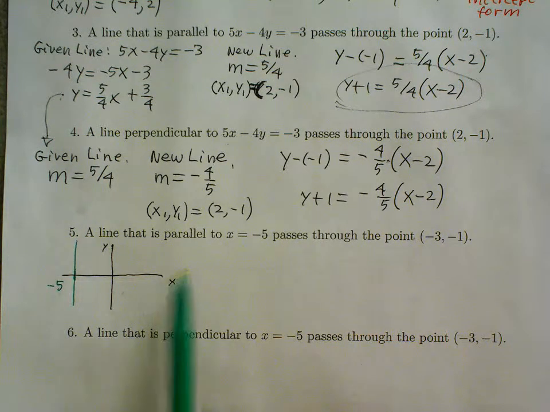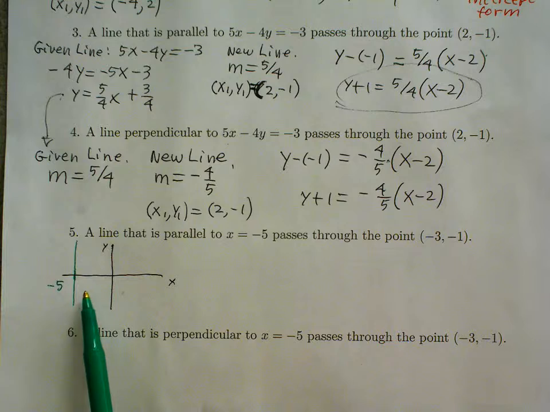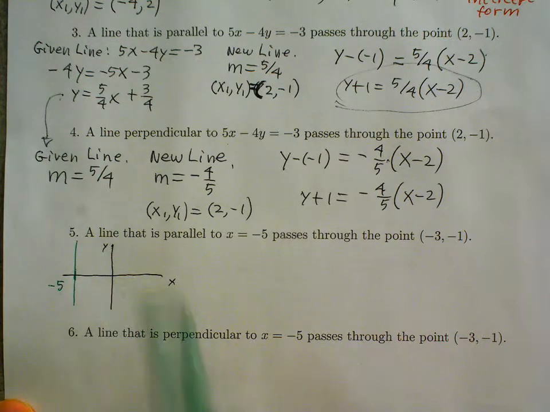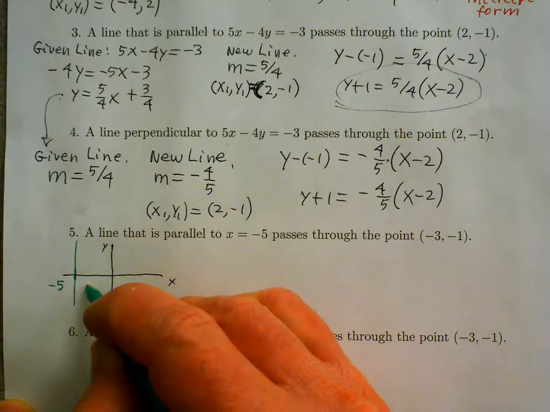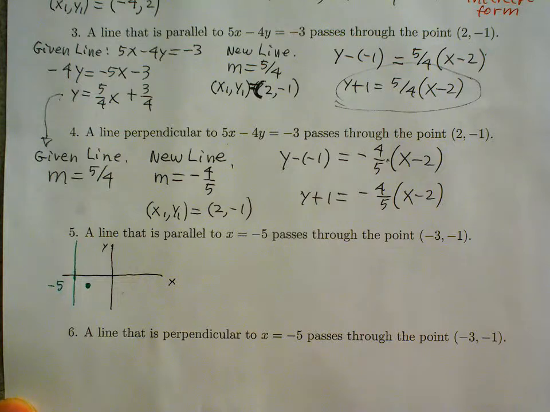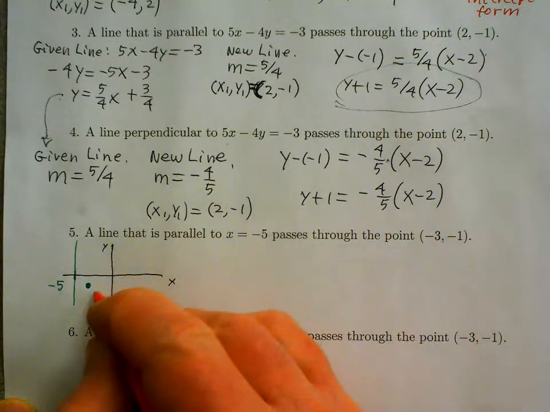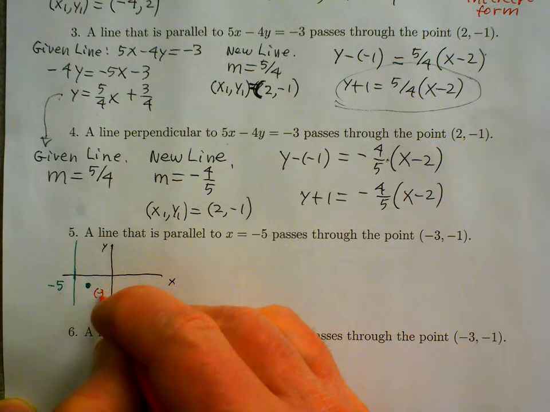Okay, well, another line is parallel to that line and passes through the point (-3, -1). So I'll plot this point and label it (-3, -1).